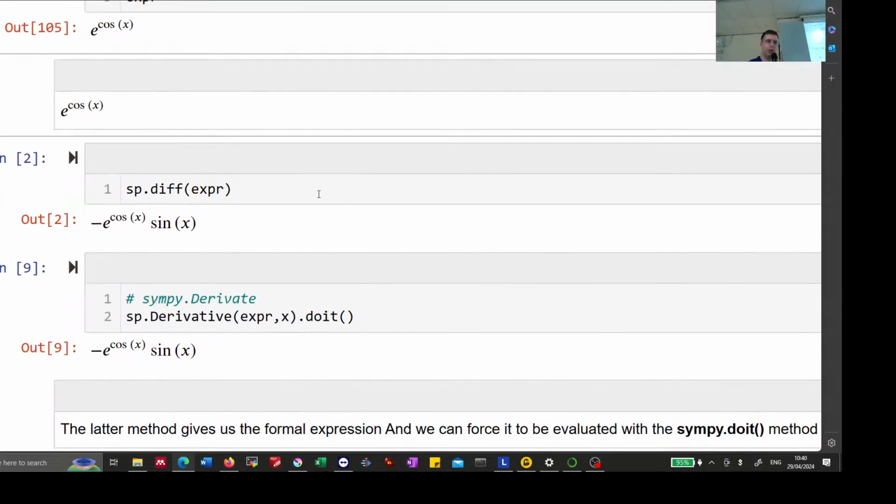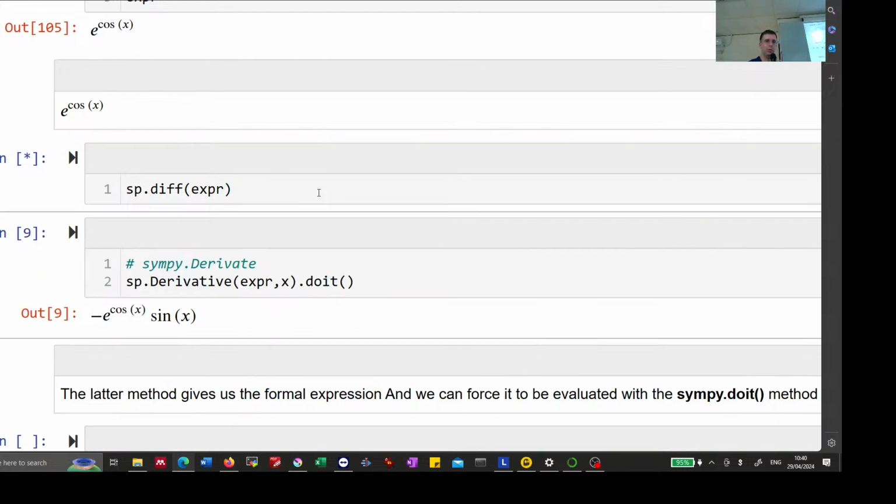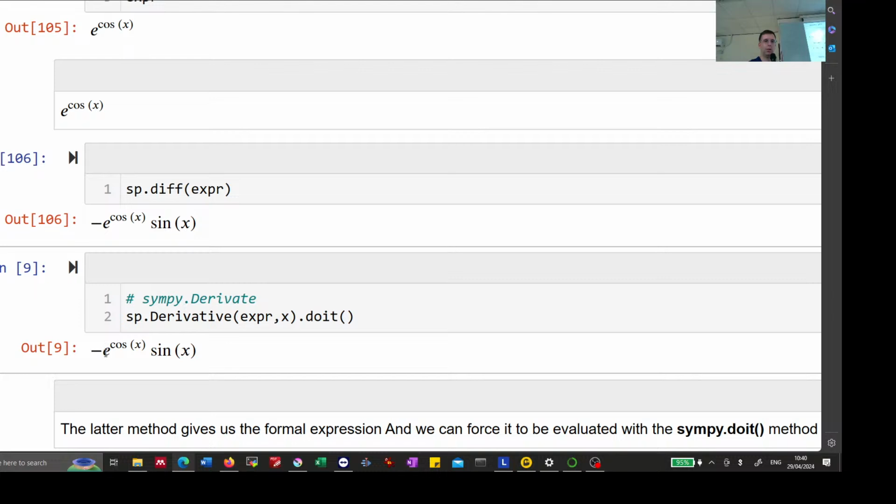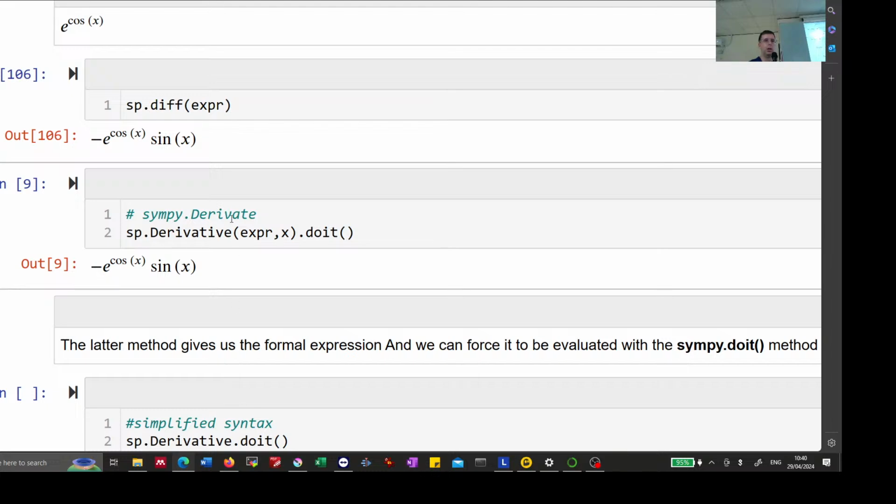Anyhow, it's much easier when you just use Python. Click a button. The derivative of cosine is minus sine, and the derivative of e to the power of m is just e to the power of m. So here the derivative is just minus e to the cosine x times sine x. Can you do that in your head as well?